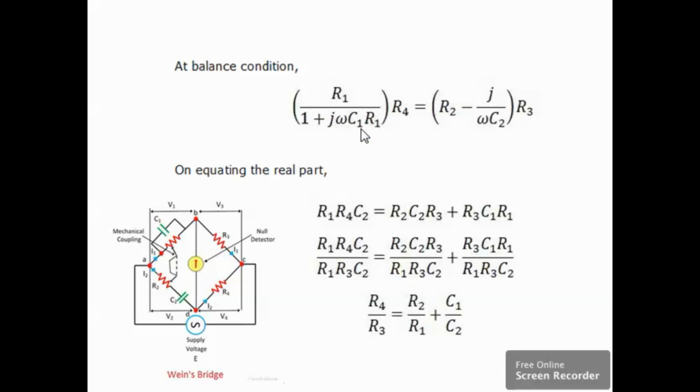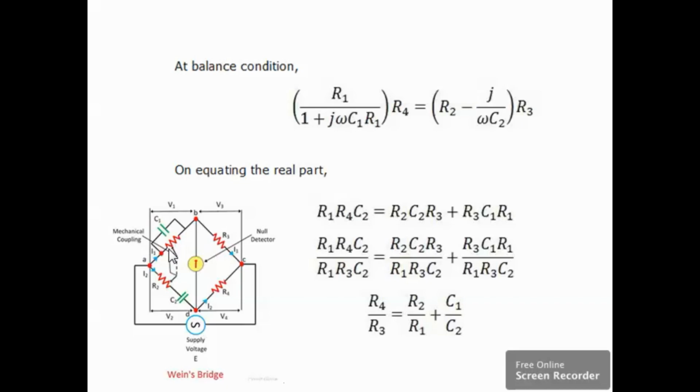Z1 is the impedance of the first arm. In the first arm, the resistance and capacitance are connected in parallel, so the equivalent impedance will be R divided by 1 plus j omega CR.